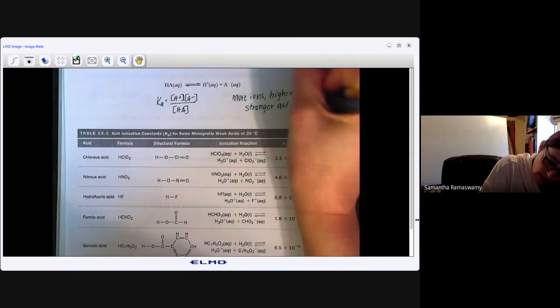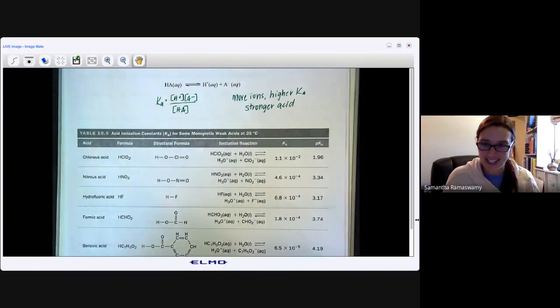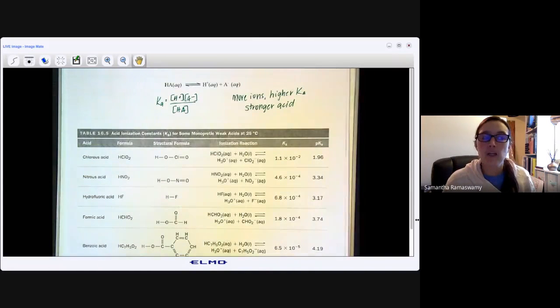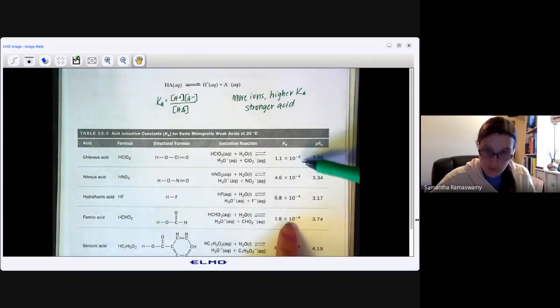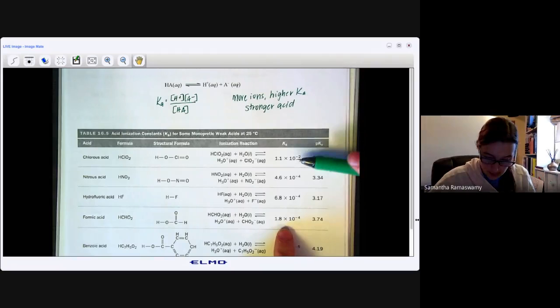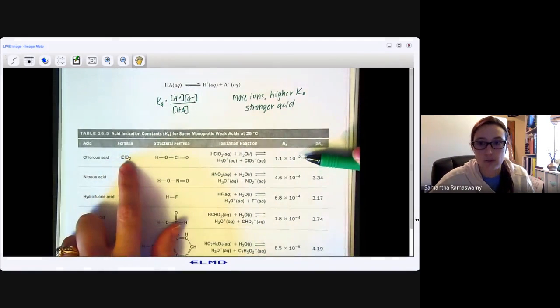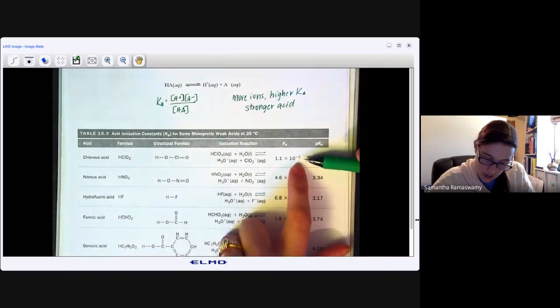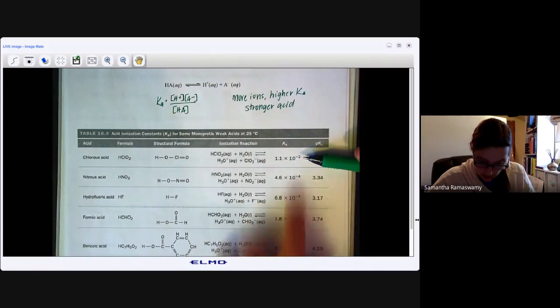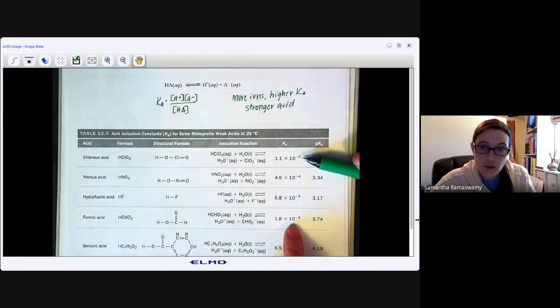Now, you can have a strong weak acid, right? So if we have, for example, these 4 acids right here. Here is the Ka of chlorous acid, HClO2. Well, the Ka is 1 times 10 to the negative second versus 1.8 times 10 to the negative fourth. -2 is greater than -4.